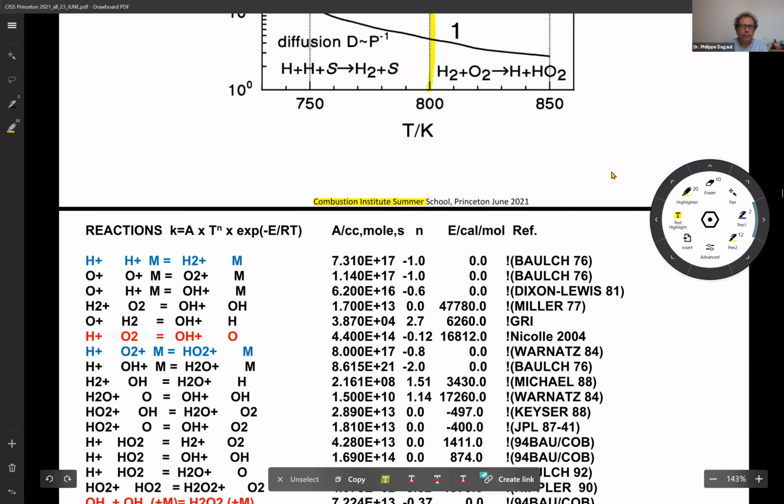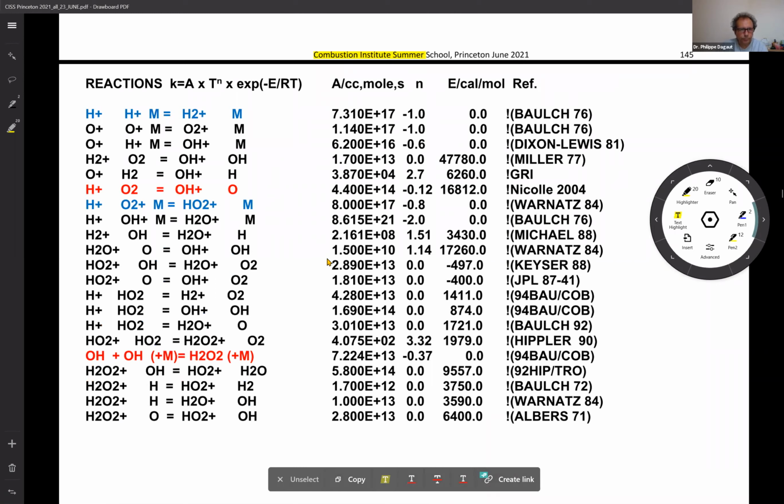So if we go back to the reaction mechanism, we have two reactions which are responsible for the acceleration of the oxidation of hydrogen. This reaction, H plus O2 giving OH plus O, and the decomposition of H2O2 giving 2OH.